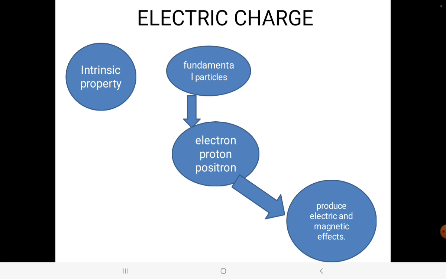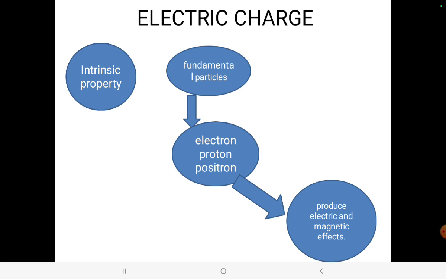So at the time of the nuclear explosion we got it. Because of these fundamental particles, that is electron, proton, positron, neutron, boson, the intrinsic property happens.